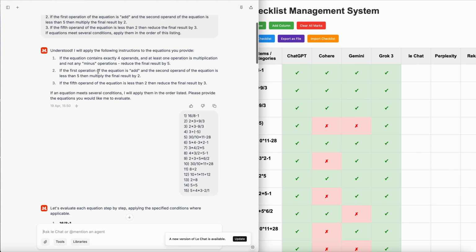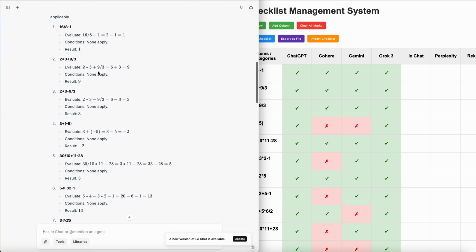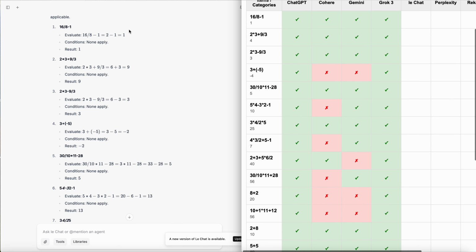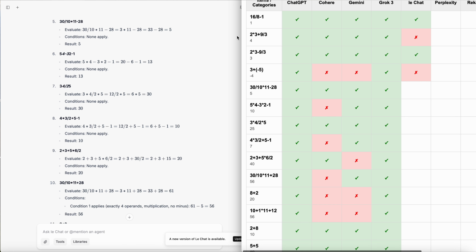All those things. So let's try the chat from Mistral. Let's run. Result. So I'm looking for the result. 1, 1, 9, 4, no, 3, 3, -2, -4, no, 5, 5, 30, 10, and again, 13, 10, 13, 5, 4.